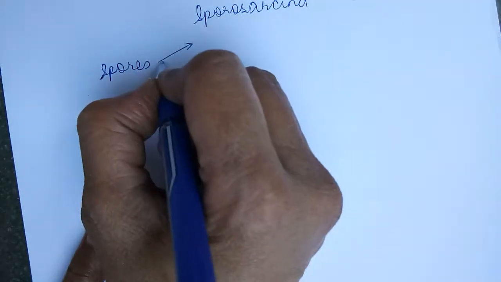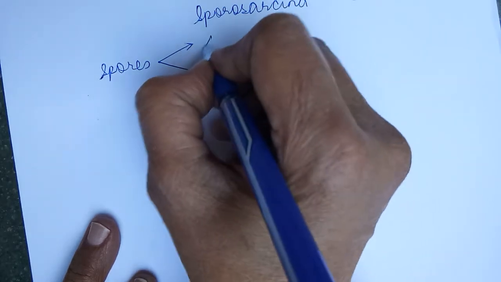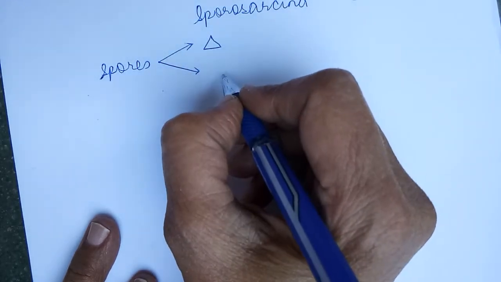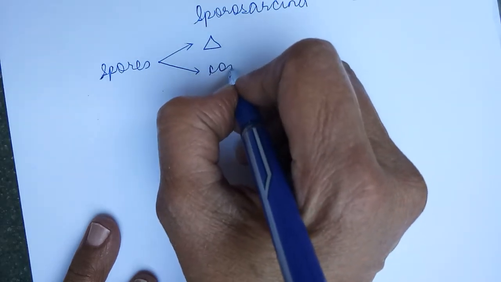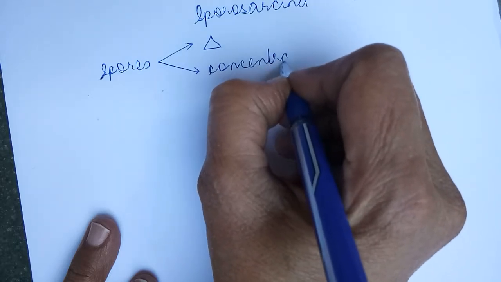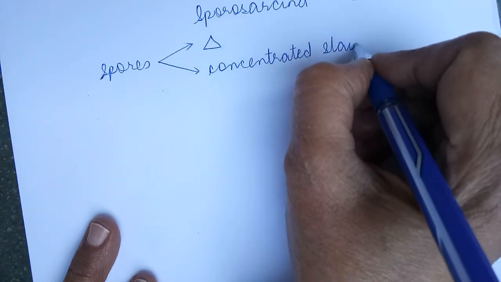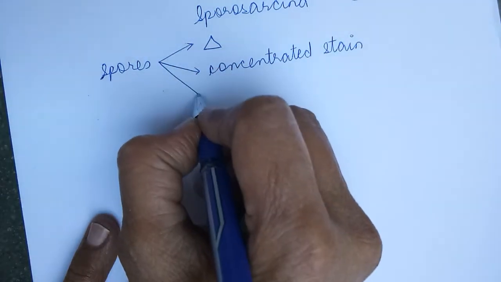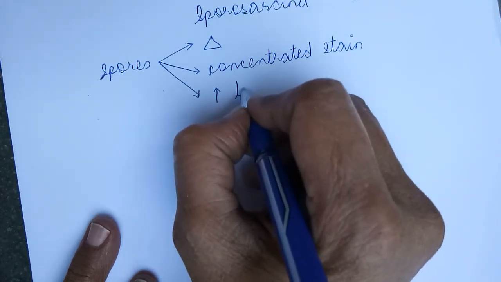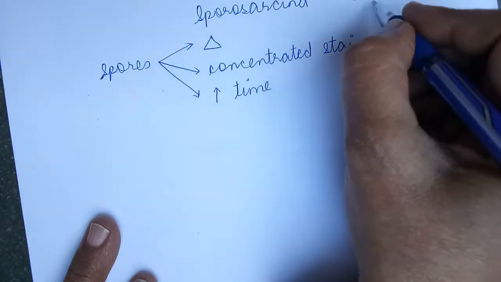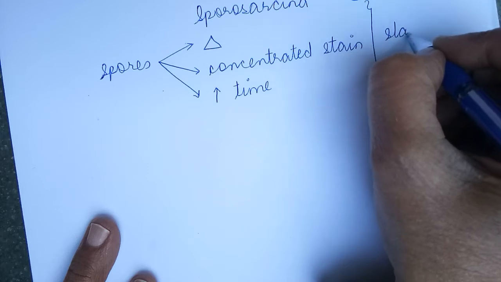We have to give heat during the staining treatment and also use a heavily concentrated stain, that is, the quantity of dye molecules must be high, and also we should increase the time of the treatment. By all these three means we are able to stain the spore very nicely.